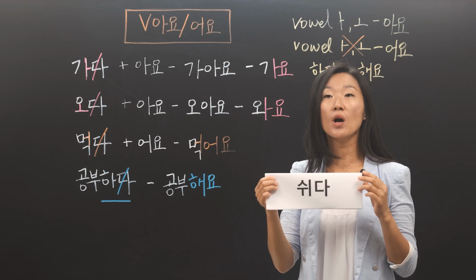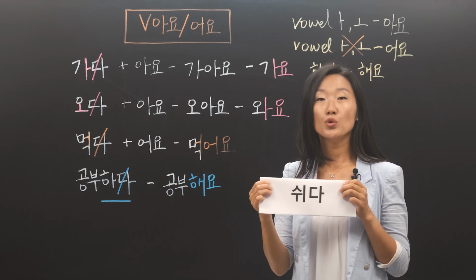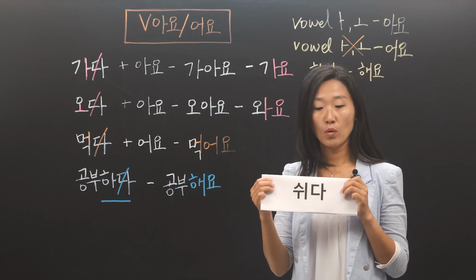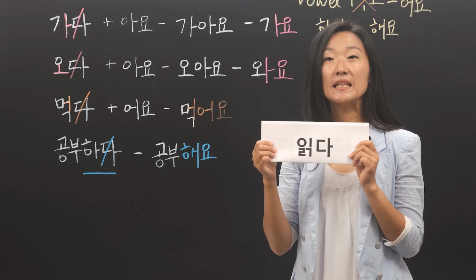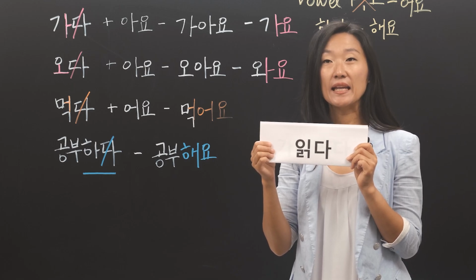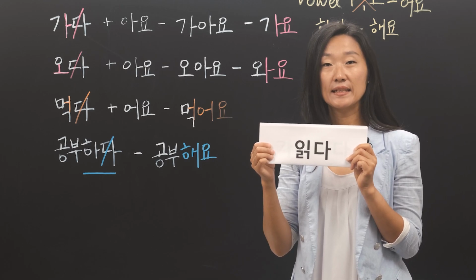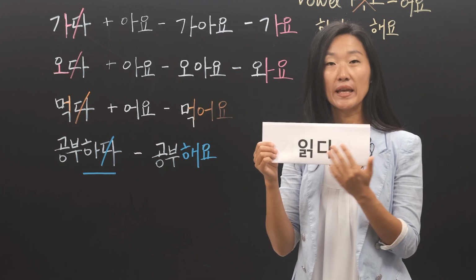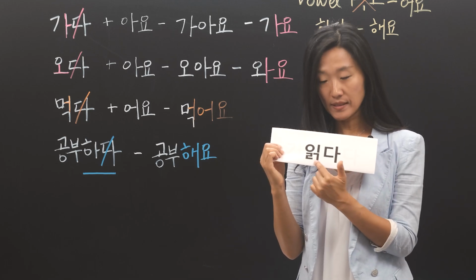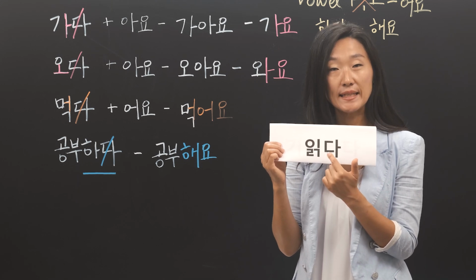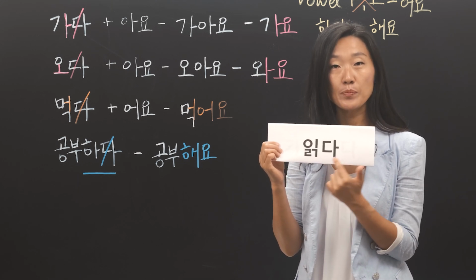So 쉬어요. 읽다. To read. There are two consonants, but only the ㄱ is pronounced.